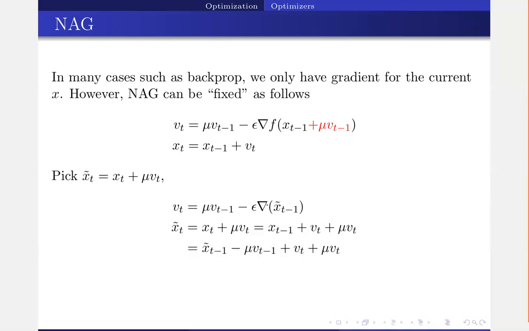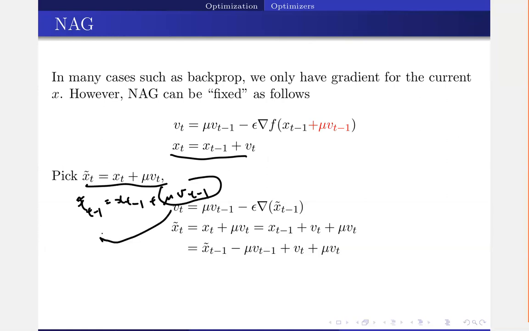And I know x tilde t minus 1 equals x t minus 1 plus mu v t minus 1, right? Therefore I can move this to the other side, so x t minus 1 is x tilde t minus 1 minus mu v t minus 1.